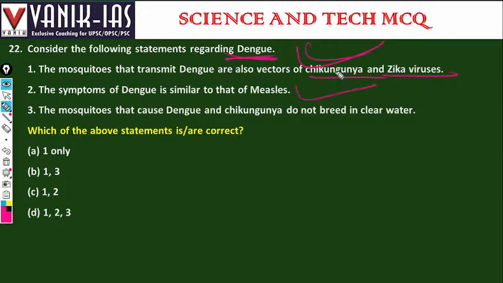It is also right. Mild fever, joint pain, muscle pain, headache, these are similar to that of measles. Mosquitoes that cause dengue and chikungunya do not breed in clean water. This is wrong. They breed in clean water. So 1 and 2 options are right. So C is the answer.